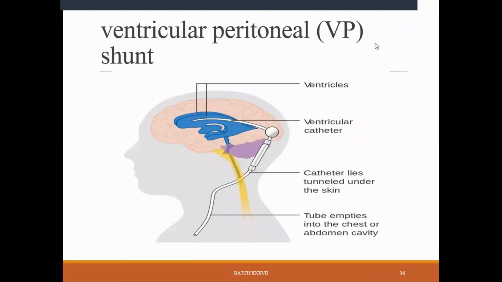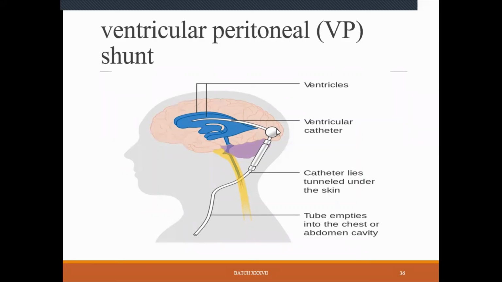So here in this diagram, you can see the ventricles, and due to some reasons the cerebrospinal fluid will not be absorbed into the arachnoid villi and carried to the venous drainage. So in such a case, a ventricular catheter is used, right?